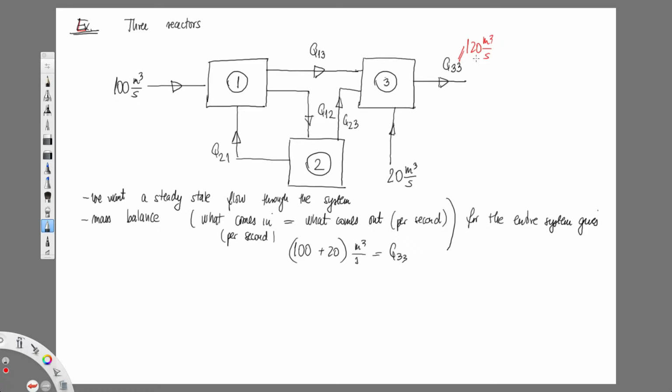This is something you would commonly do: if you have any flow of anything, you will simply do a mass balance of fluxes. I could also be monitoring concentrations of things within these, so I would have a slightly different calculation if I also had a concentration of the matter coming in.